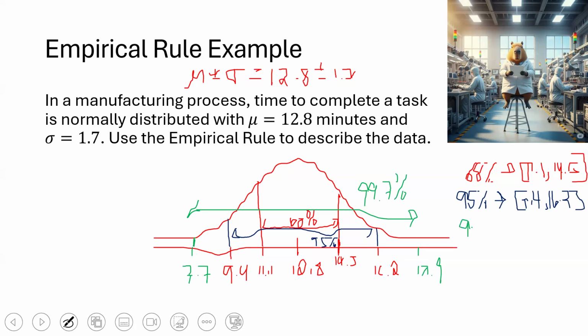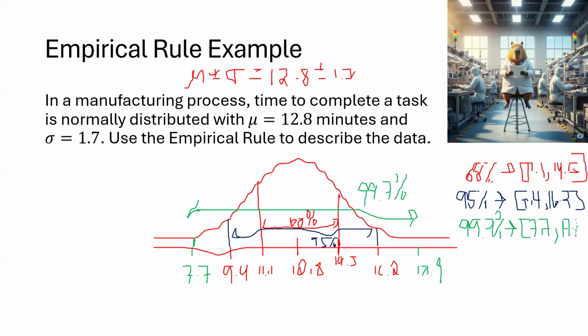So 99.7% of my data lies in that interval from 7.7 to 17.9. Okay. So that tells the company that nearly all the jobs would be completed within about 7.7 to 17.9 minutes. That's pretty useful for planning.